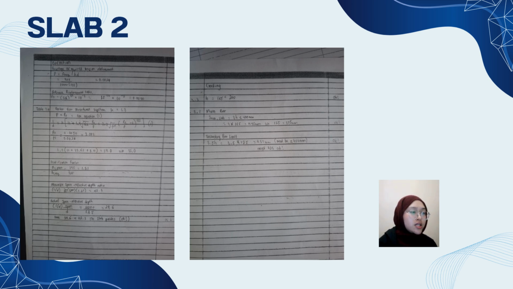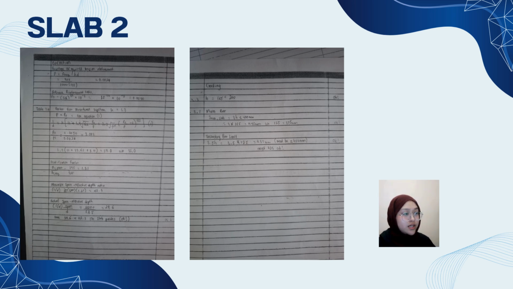We also check the maximum bar spacing. For the main bar, the limit is 375 mm. For the secondary bar, the limit is 450 mm. Our design uses a spacing of 300 mm, which is well within this limit. Therefore, the slab is safe from excessive cracking.